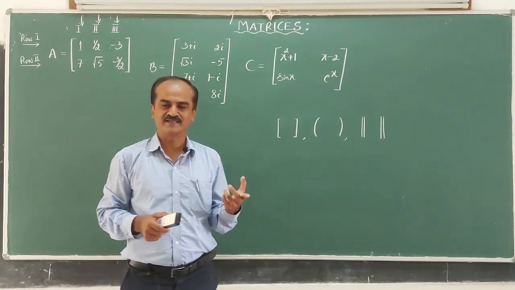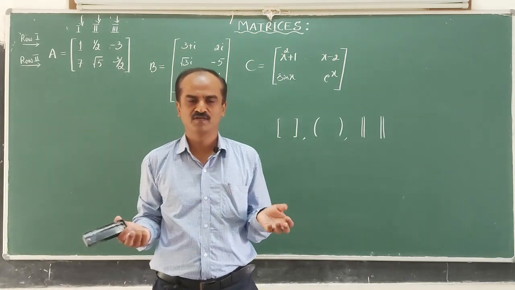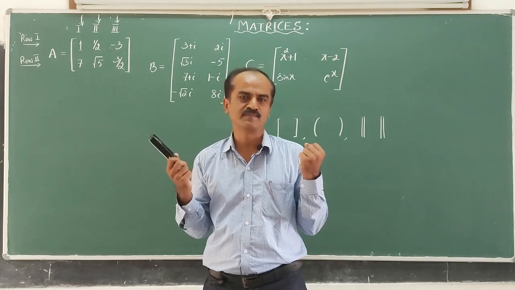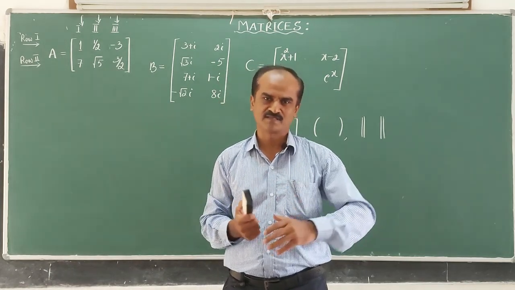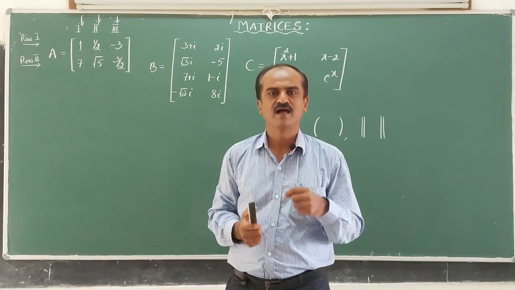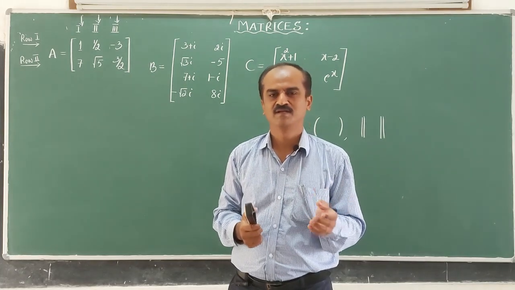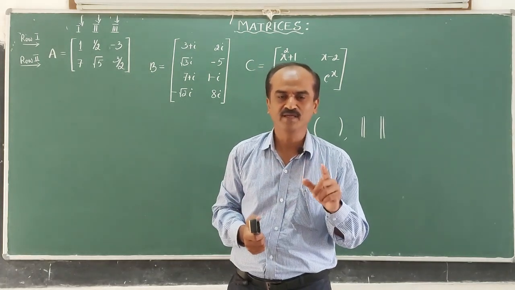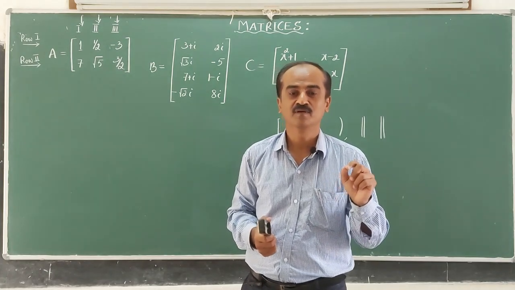Order of the matrix gives us the information about how many rows and how many columns are there in that matrix. The definition goes like this: a matrix having m number of rows and n number of columns is said to be of order m by n.